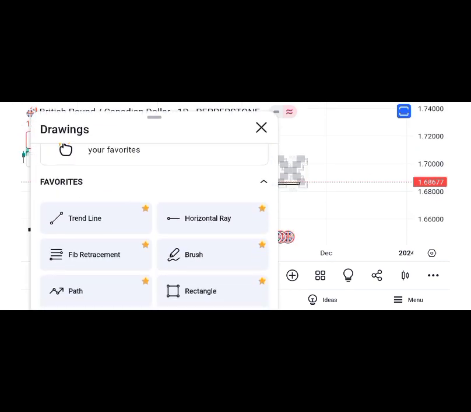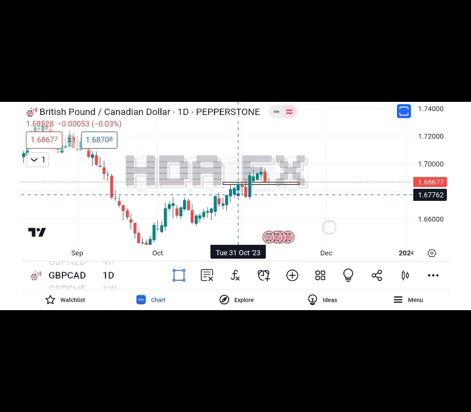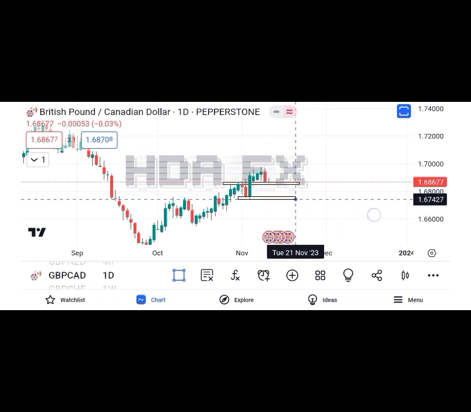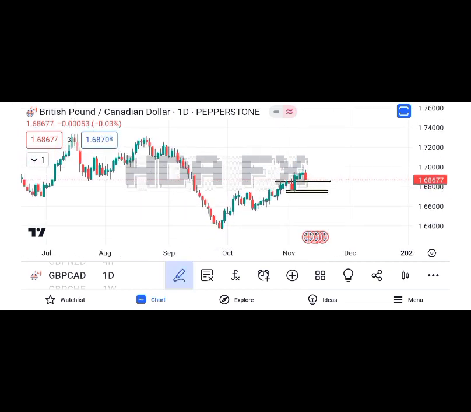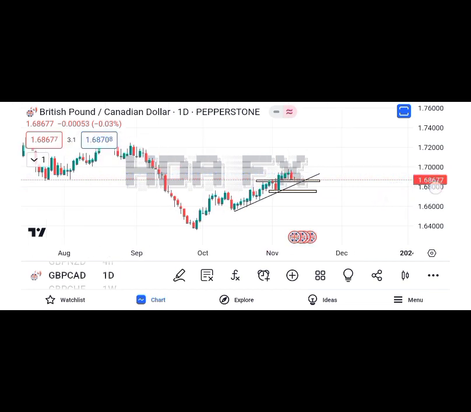We also have this, then we can have a trend line here also on GBP CAD. So this is a very simple analysis on GBP CAD.